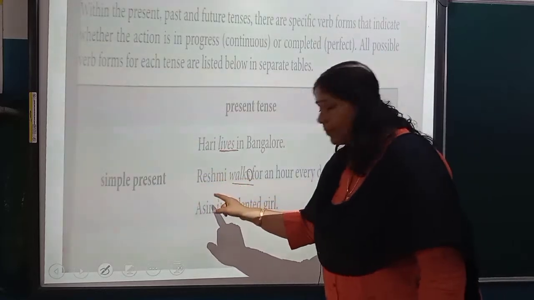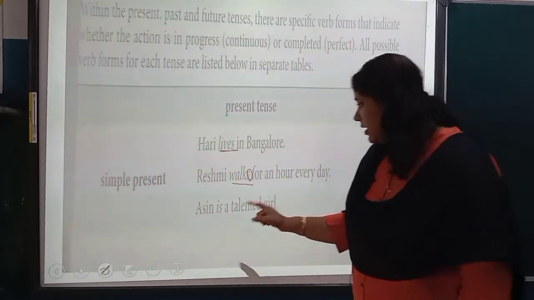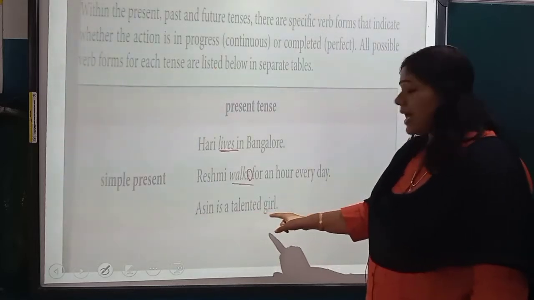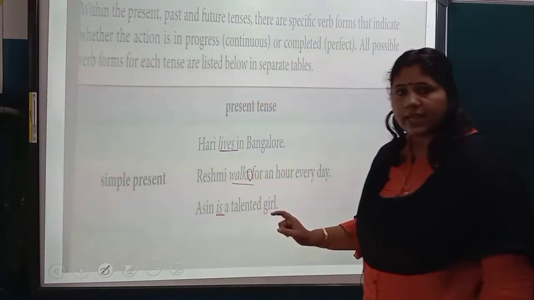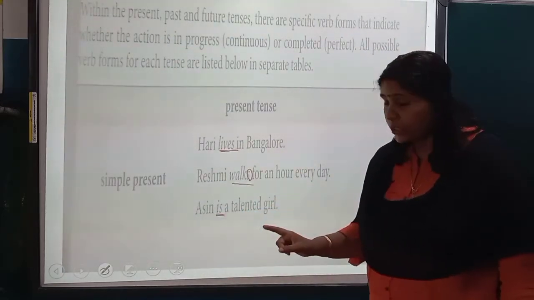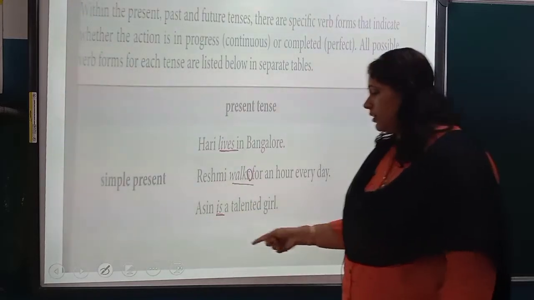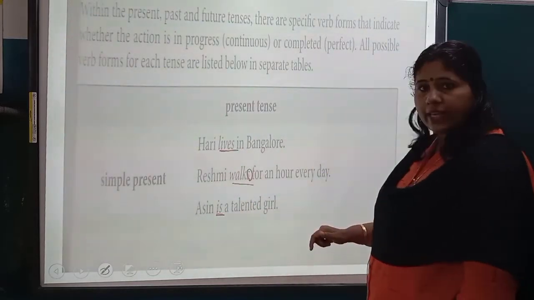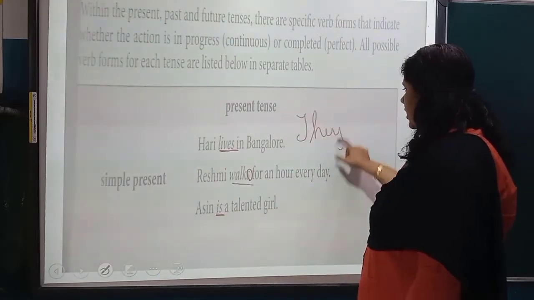Because this is simple present tense and this is a singular subject. Asin is a talented girl. Is. See, present tense. Asin is singular. So is. If it is plural, then are. Next, one more example I can show you, like they walk.